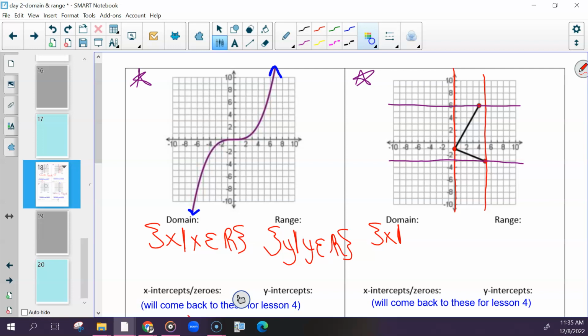Where does it start? 0 is less than or equal to x, x is less than or equal to 5. And for our range, what would that be?